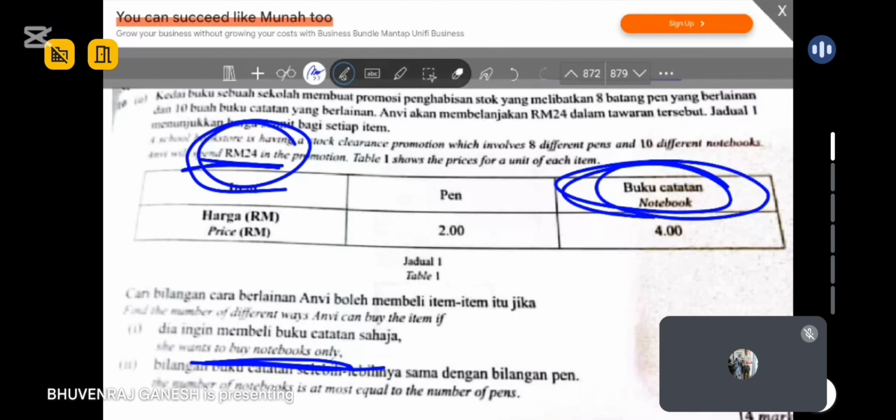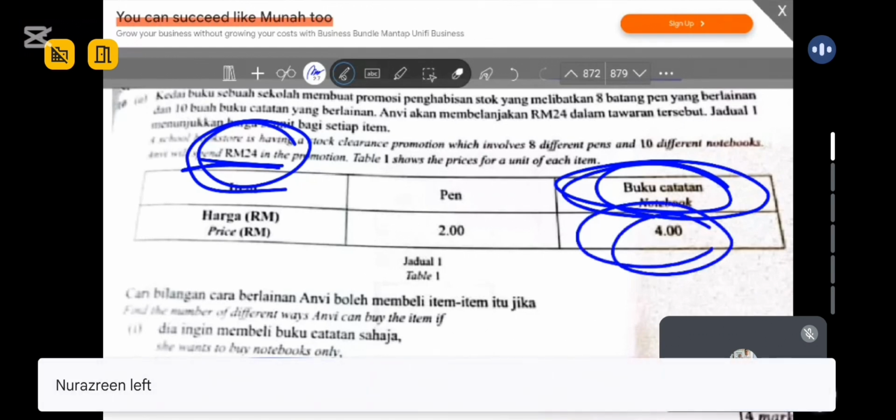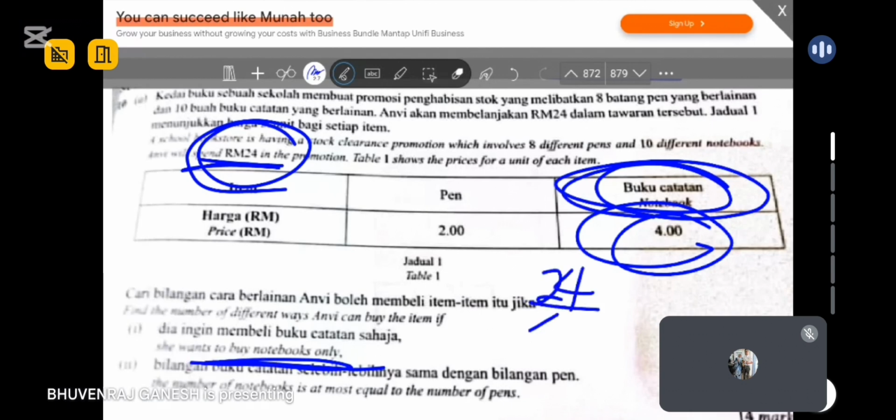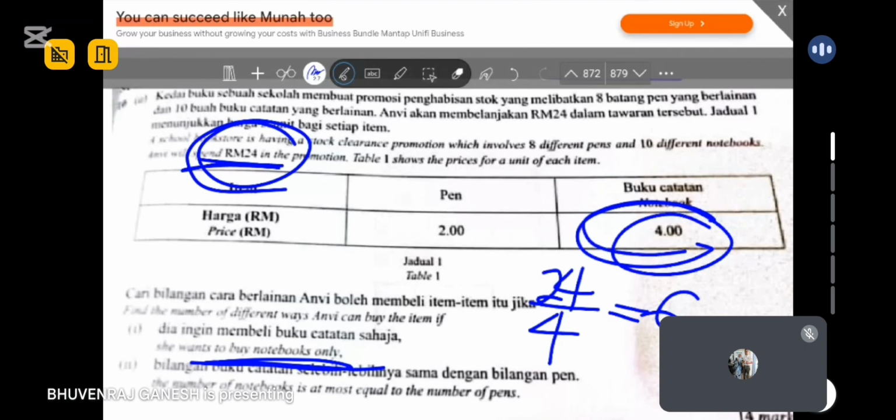So how many buku catatan we have based on the price? Yes, 6 guys, 6. 24 divided by 4 equal to 6. Because this one is the price for one item. Satu item sahaja. Means one item, one notebook, RM4. So if you spend RM24, means that 6 notebook. Am I right? 6 buku catatan.